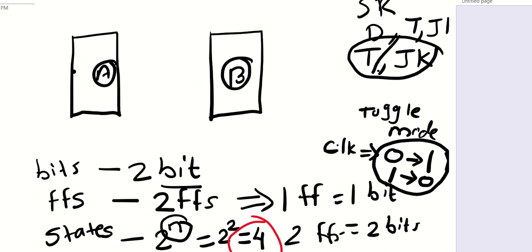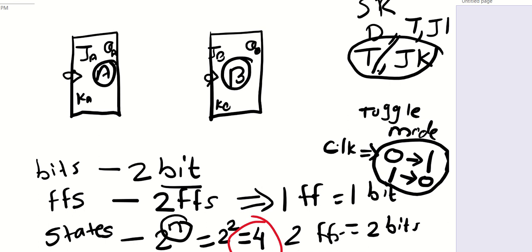So JA, KA with the output QA, JB, KB with output QB. Both these flip-flops are negative edge triggered. So what is a negative edge triggered flip-flop? It can be either positive edge triggered or negative edge triggered.